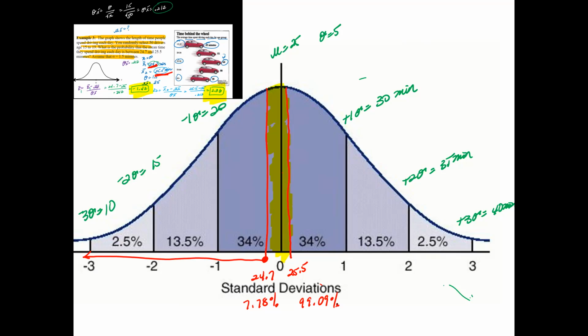So what are you going to do with these two? You're going to subtract them, and that is going to give you the answer of the area that's in between this sliver here.